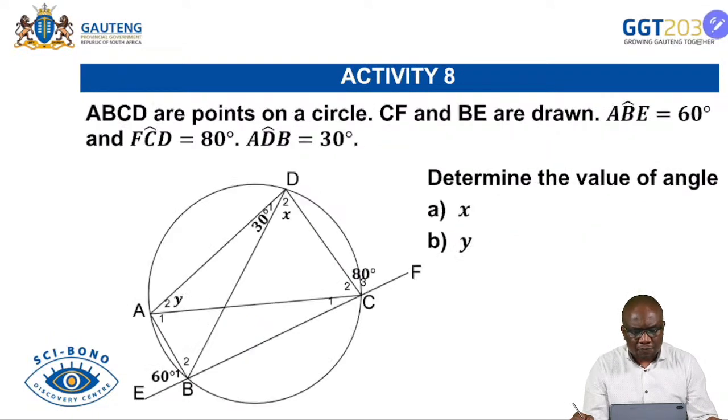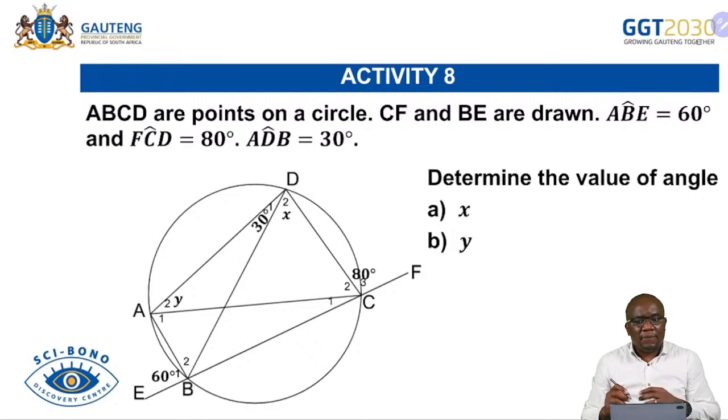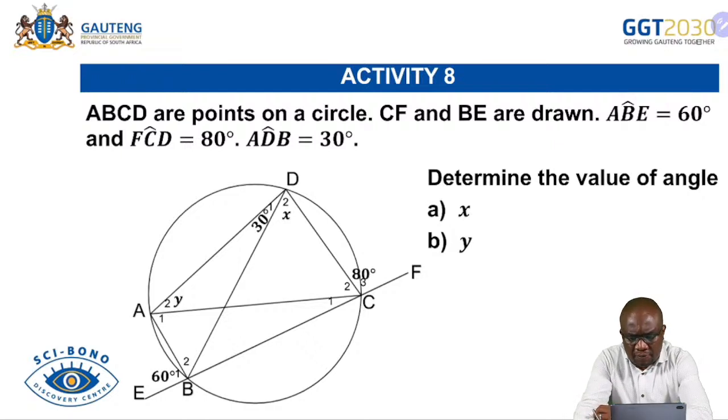Now, A, B, C, D are points on a circle. C, F, and B, E are drawn. Sometimes things just make us get confused. Just pick the key information there. ABE equals 60 degrees.